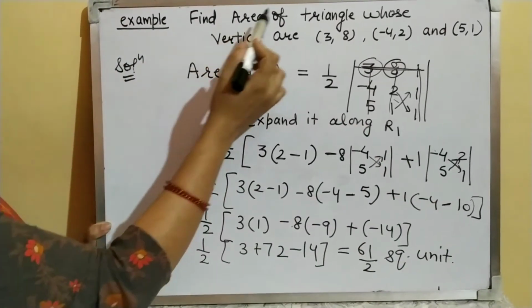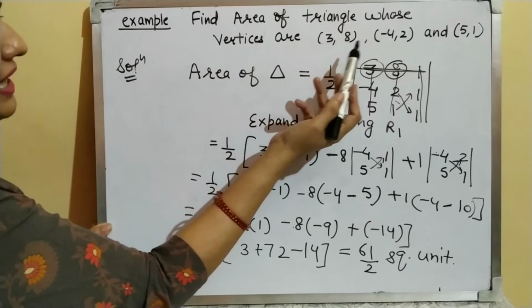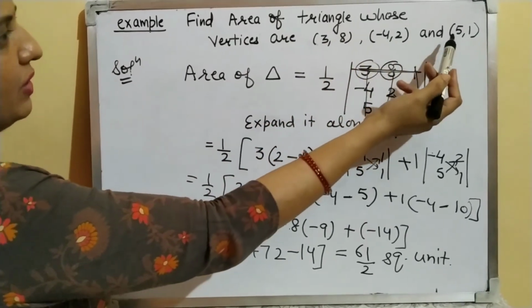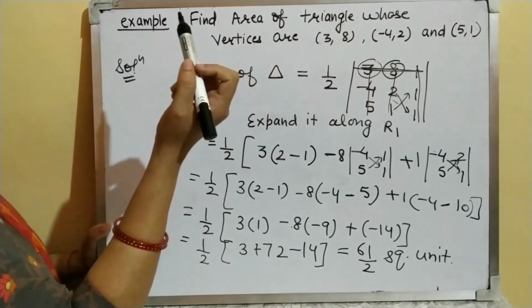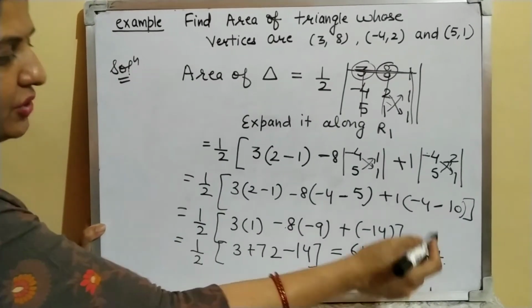So the area of the triangle whose vertices are 3, 8, -4, 2 and 5, 1 is 61/2 square unit.